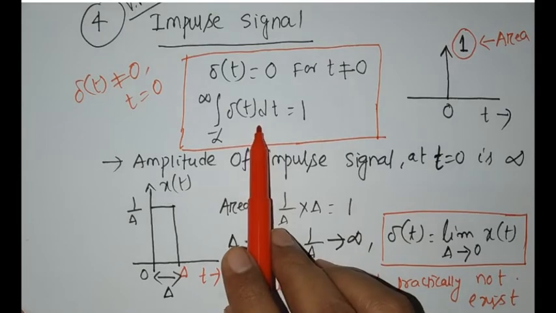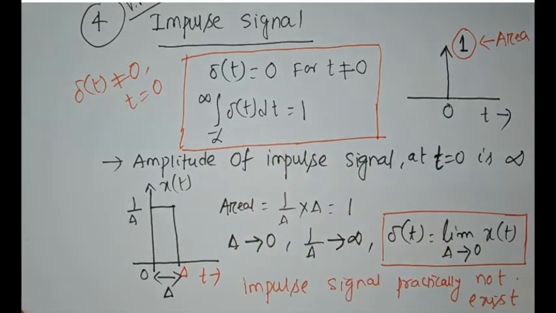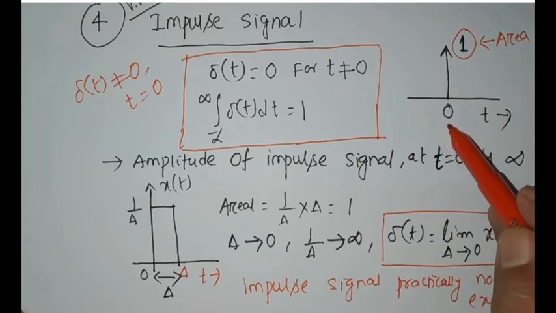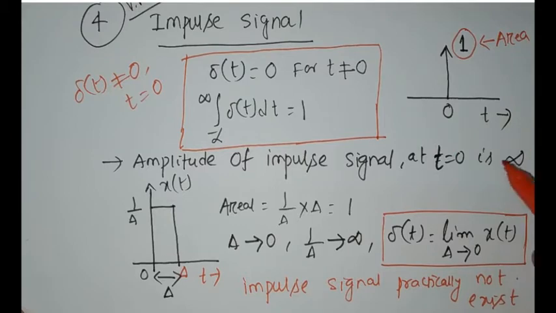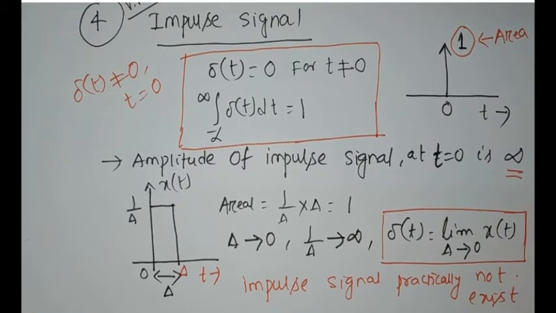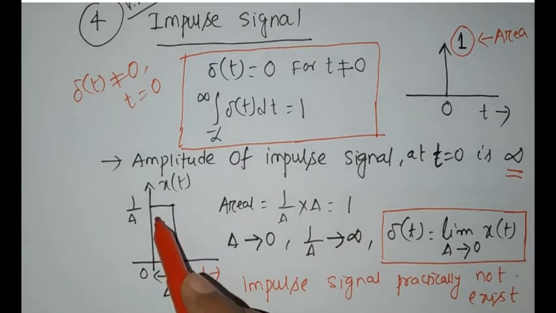And this is important, the area under the impulse signal is 1, and here this 1 represents area. Again, I want to remind you, the amplitude of the impulse signal at t equals 0 is not 1, it is infinity. That's why we can represent the impulse signal as a narrow rectangular pulse.